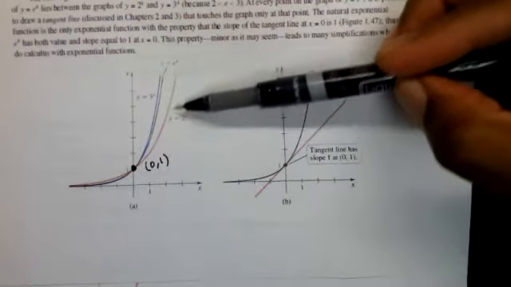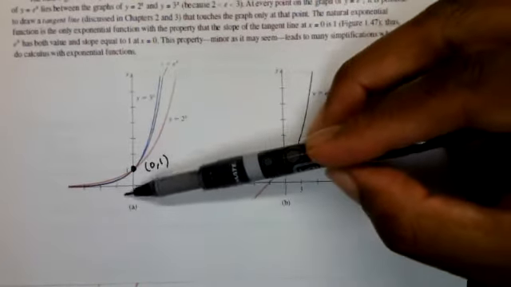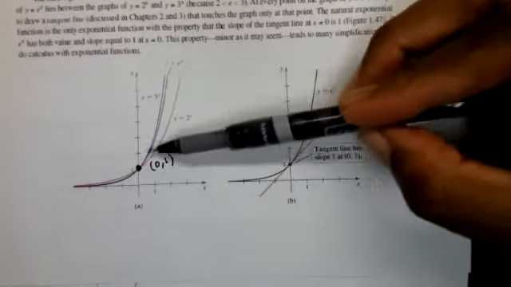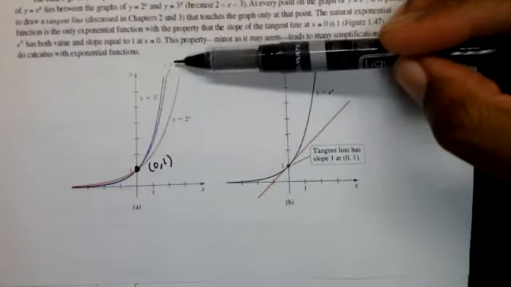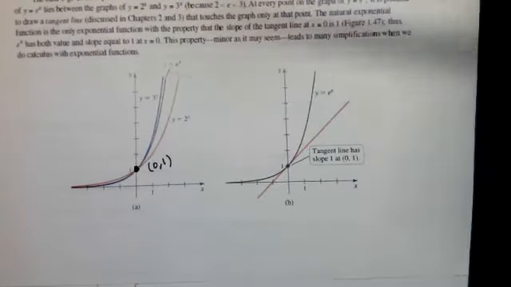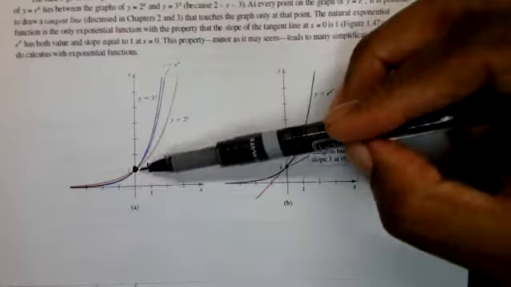As you can see here, for y equals 2 to the x, that's what that graph looks like. And y equals 3 to the x, it looks like this. And e to the x, where e is approximately 2.718, is in between those two.